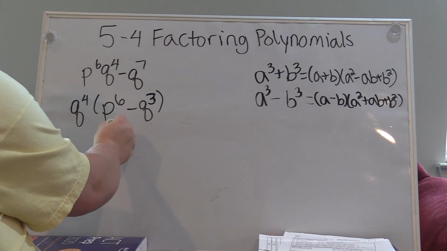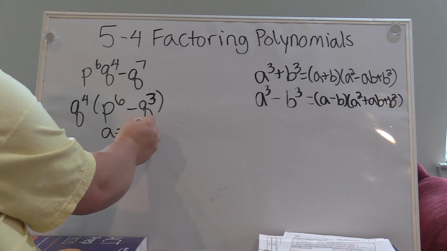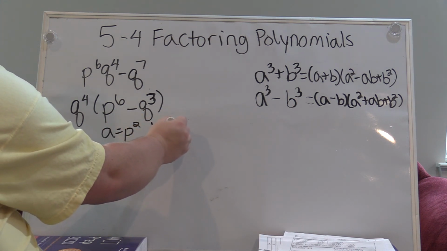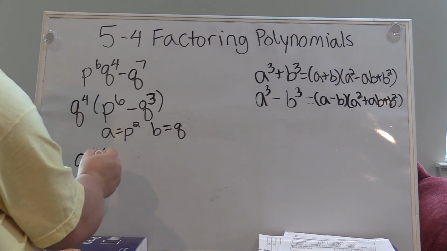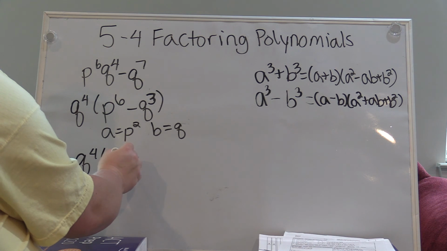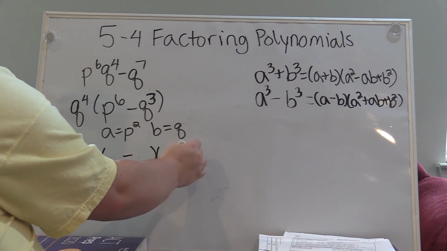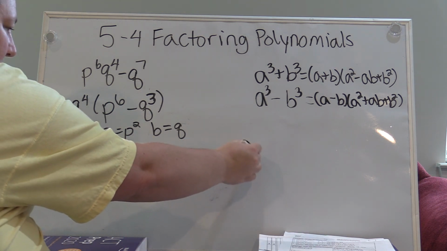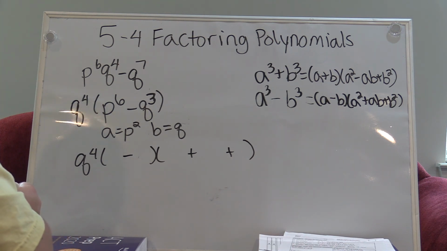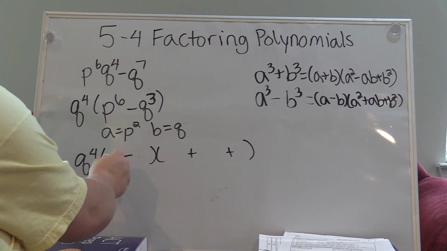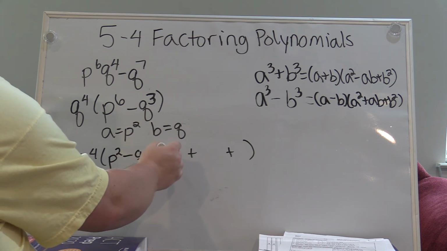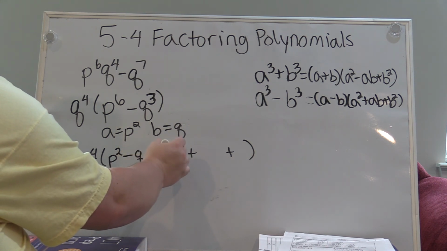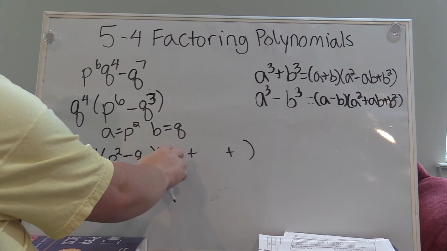So a equals p squared and b equals q. So I have q to the 4th times, remember we have same sign, different sign, always positive, a minus b, and I have, oops, this should be b.